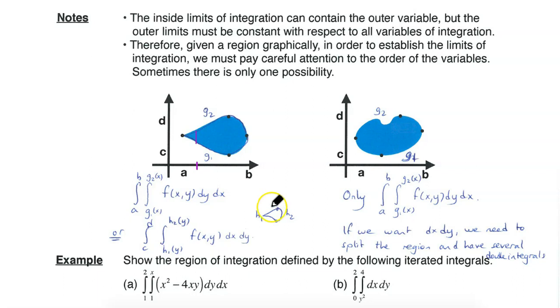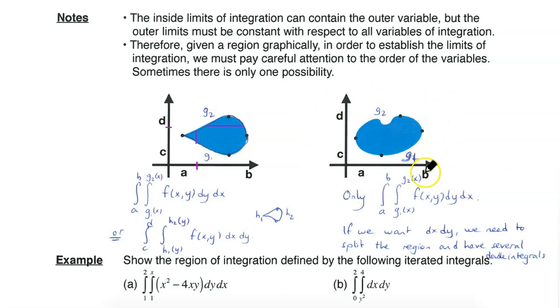In that case, again for the outer variable, we are starting at c and ending at d, and then for some value y in that range, we are starting here and integrating all the way there. So we are integrating from h1 to h2 of y. That is the difficult thing, I think, in today's lesson.